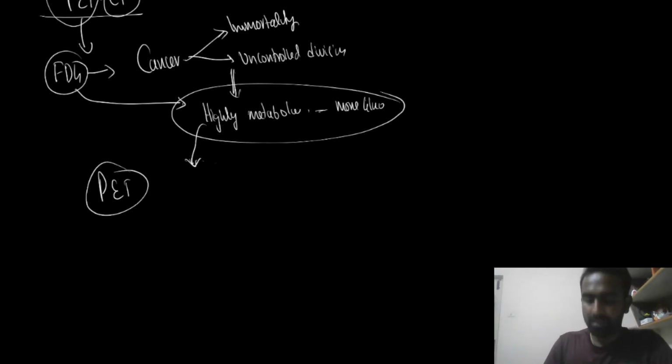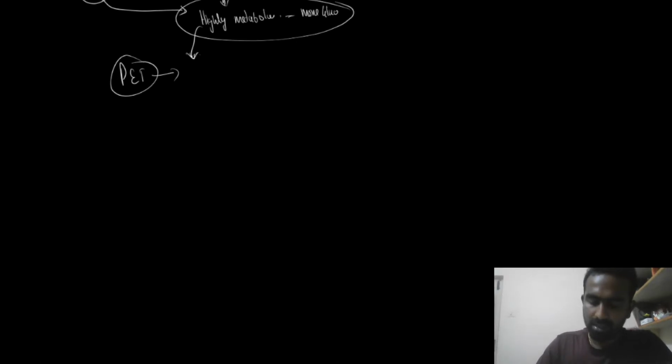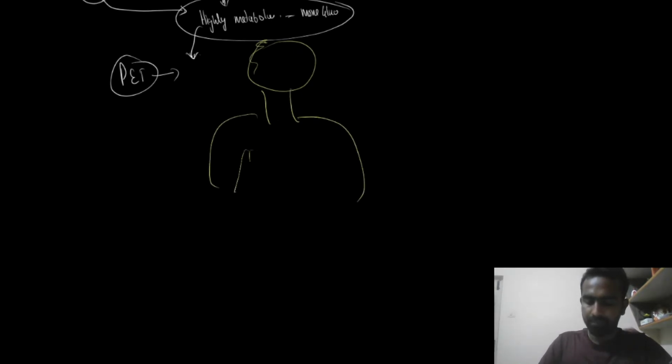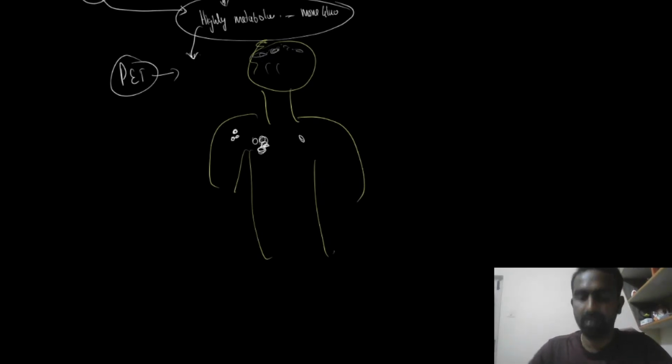When we see this imaging, let's say this is a head and body. If there is any increase in signal in the brain, it is normal. But in case of malignancy, there is intense uptake where there are malignant lesions, in case of breast and axilla.